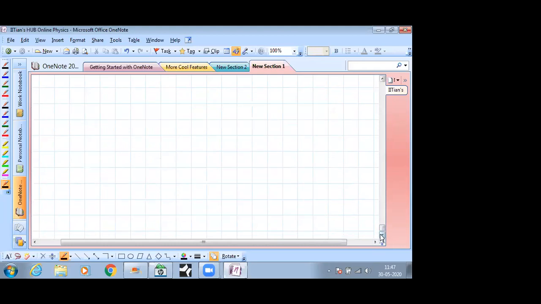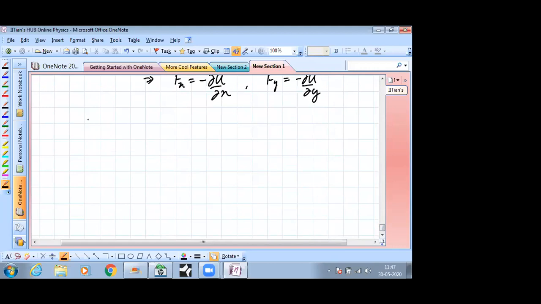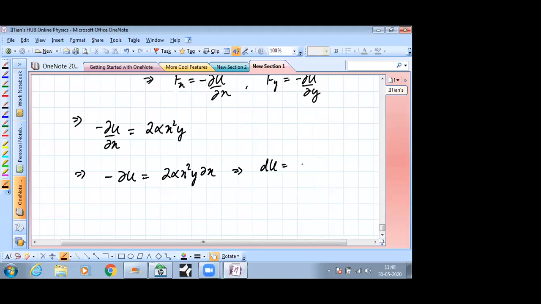In other words, minus del u by del x should be this one, 2 alpha x square y. So that means, or we can say that du is equal to minus 2 alpha x square y dx, provided dy is 0 or y is constant.